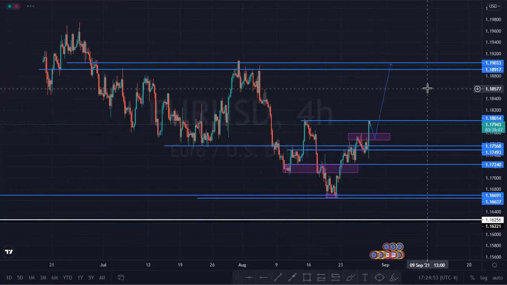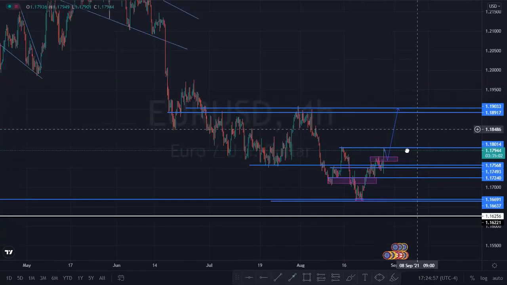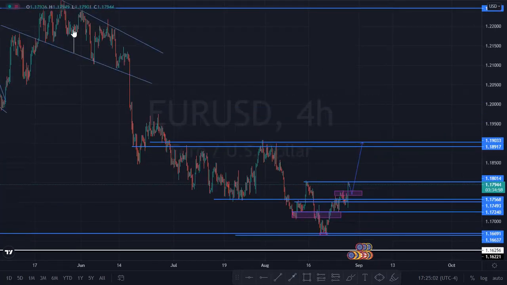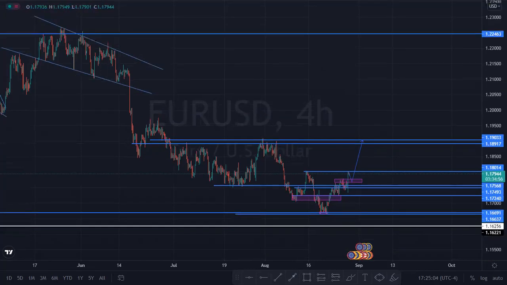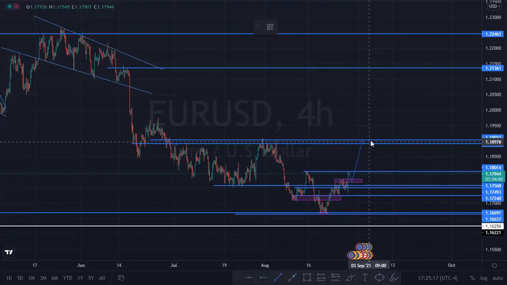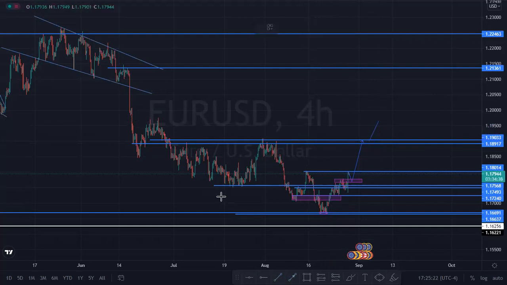All right. But if the level breaks above, that means we'll be seeing Euro USD getting to these points. We'll be seeing Euro USD getting to this point, meaning that if this level breaks, we'll be seeing an up move to this level.